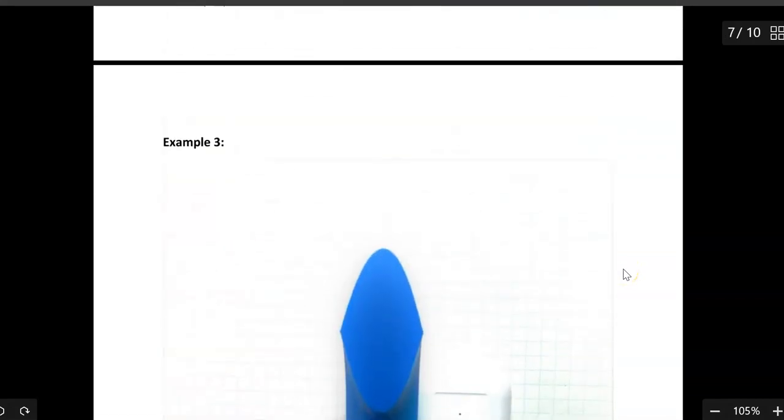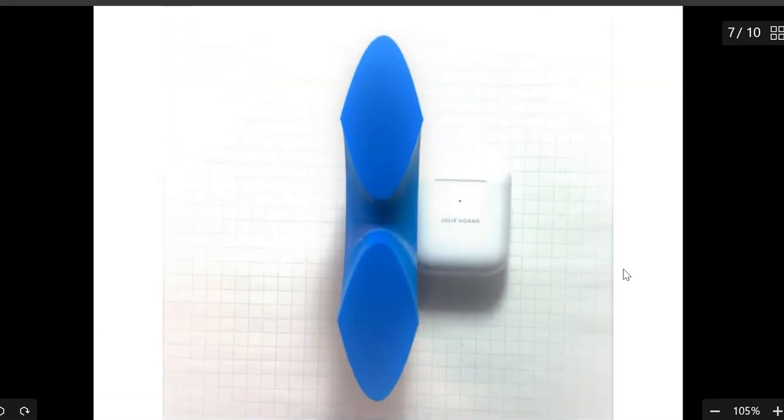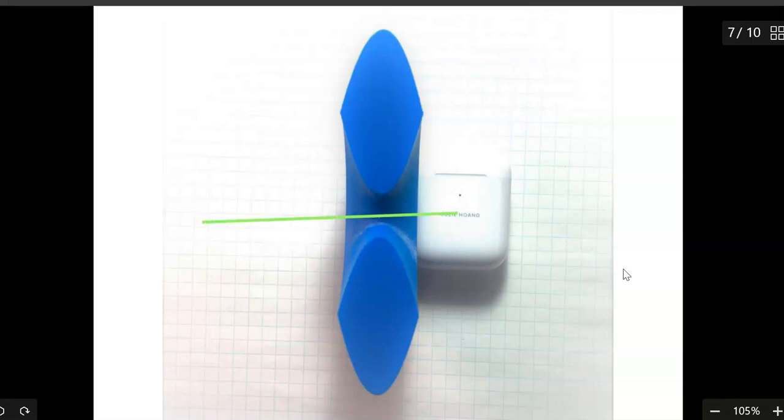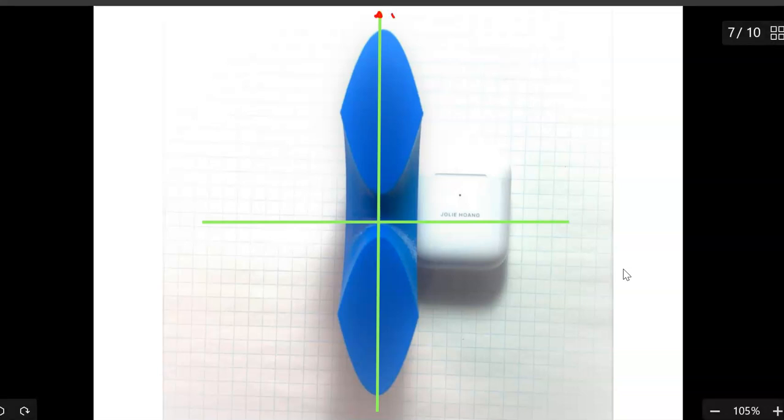So I'm going to draw the axes through this. Right here, it should be right in the middle. So I'm going to draw a line, the x-axis, straight through this, and here is my y-axis. So this is y, this is x.